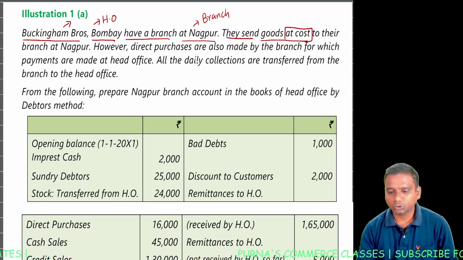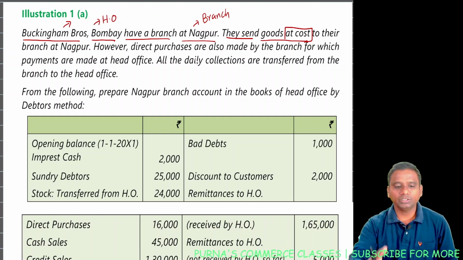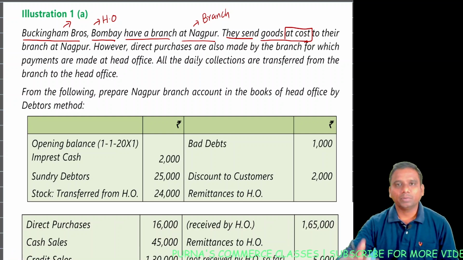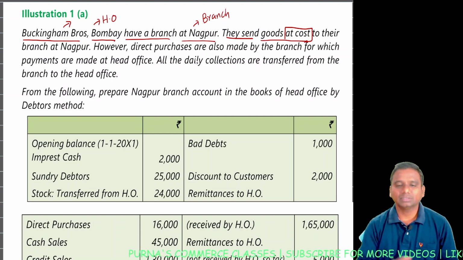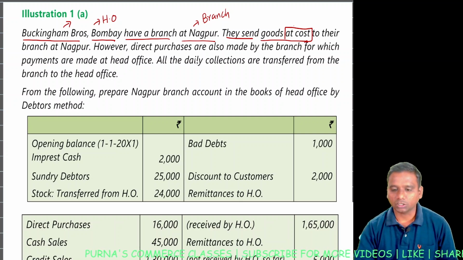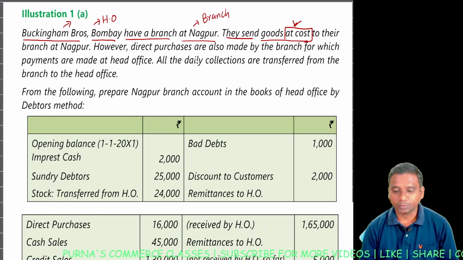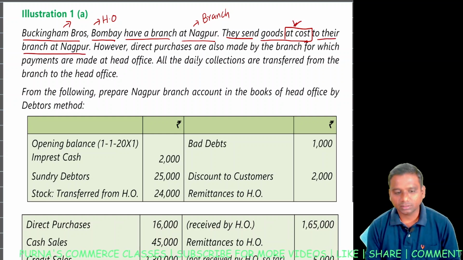In our problem solving steps, first step, identify head office and branch. Here head office is Buckingham Brothers, Bombay, branch is Nagpur. Second step is what? Identify at what price the head office is sending goods to branch. So at cost price to their branch at Nagpur.